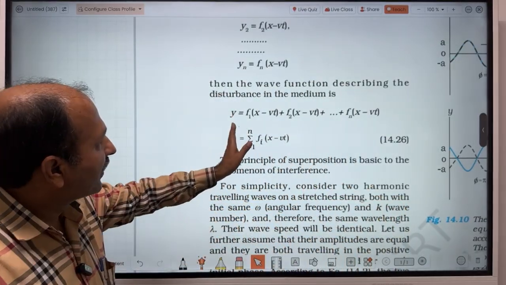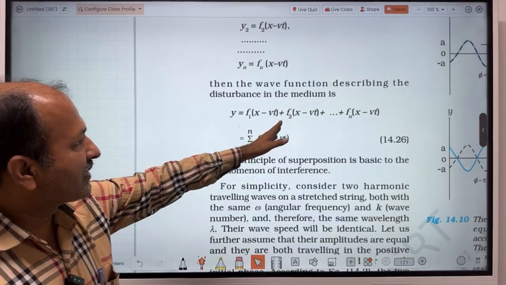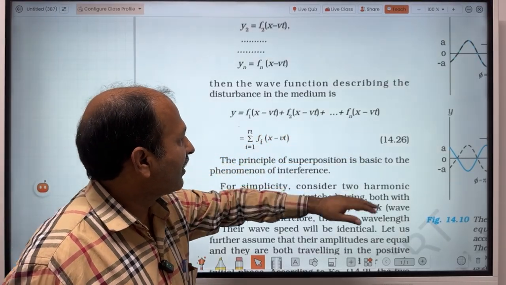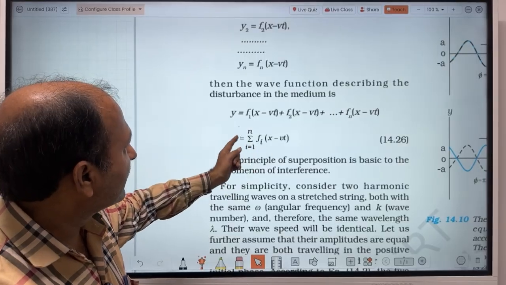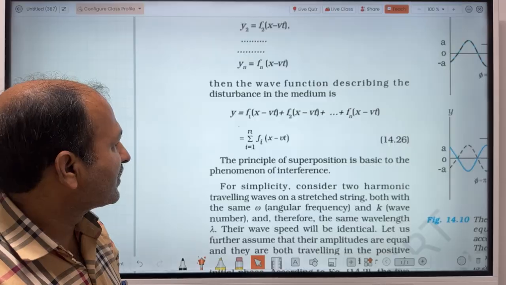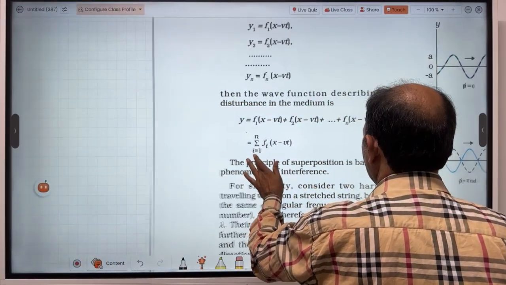So if we combine many such waves, f1(x minus vt) plus f2(x minus vt) plus and so on up to fn(x minus vt), or we can write it as the sum over i equal to 1 up to n of fi(x minus vt). So this is the principle of superposition, right?